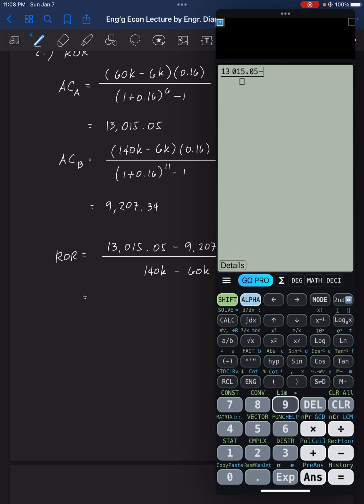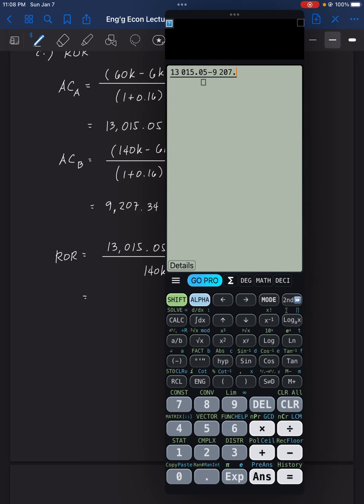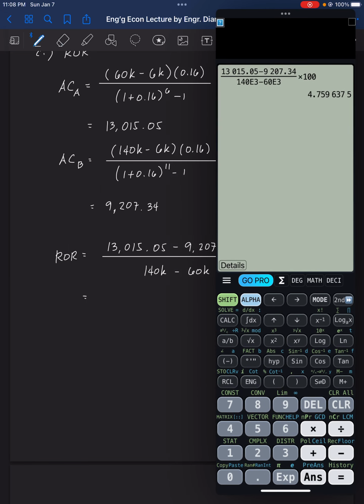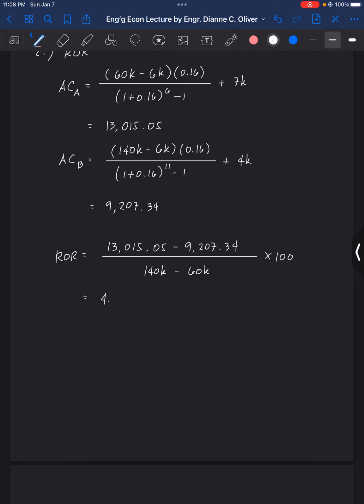So 13,015.05 minus 9,207.34 over 140 minus 60, times 100. So that is 4.76%. So that is the ROR, rate of return on additional investment.